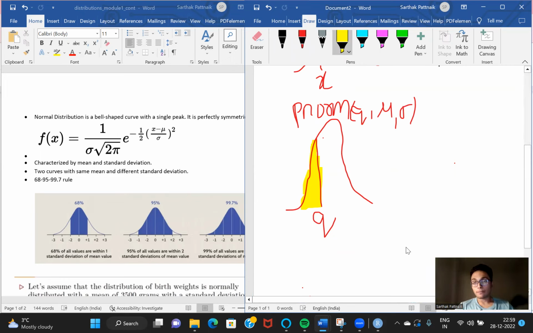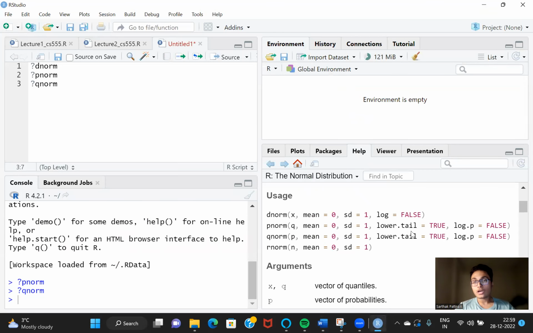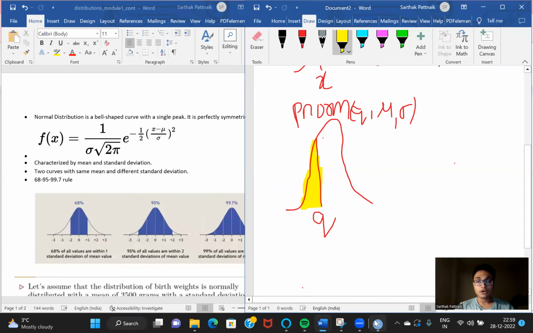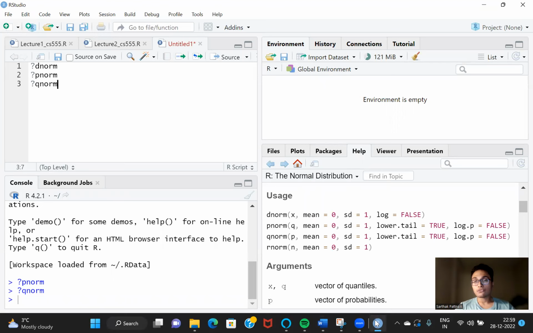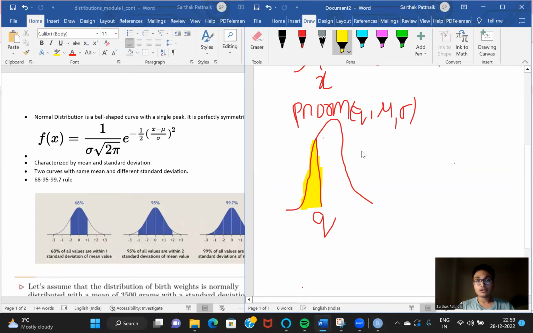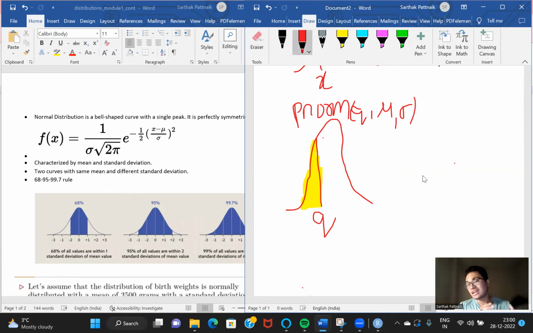Now, if you want to find out the proportion to the right of q, there are two ways to do this. You can see this lower dot tail parameter set to true by default. So by default, your pnorm will give you your proportion towards the left. But if you put lower dot tail is equal to false, then it will give you towards the right. Else, the other way to do it without changing anything in the code is to find the area to the left and subtract it from the total area.